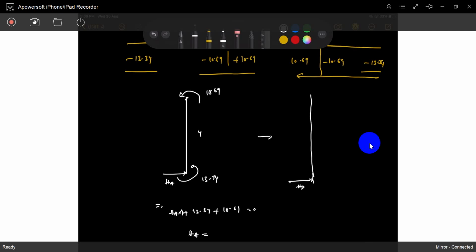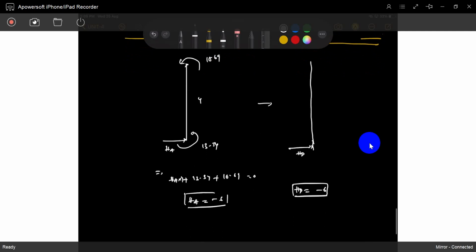Exactly it comes as 6. So HD will also come minus 6. So HA plus HD is equal to minus 12. Exactly 12 is there.